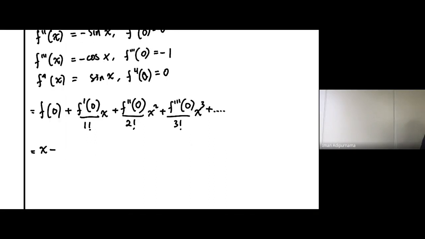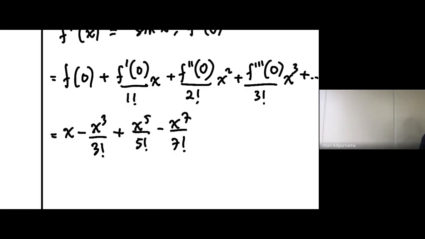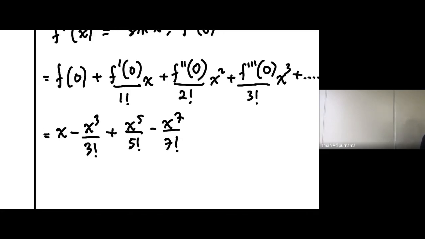Then x cubed is negative 1, so it's negative x cubed. The even part will be 0. And we are going to have x to the 5th, and it will have this kind of pattern. So positive x, negative x cubed, plus x to the 5th, minus x to the 7th, and the next thing is plus x to the 9th minus x to the 11th, and so on and so forth.